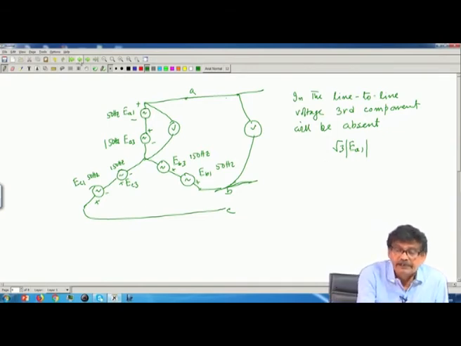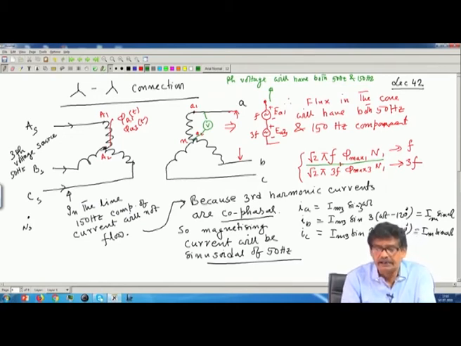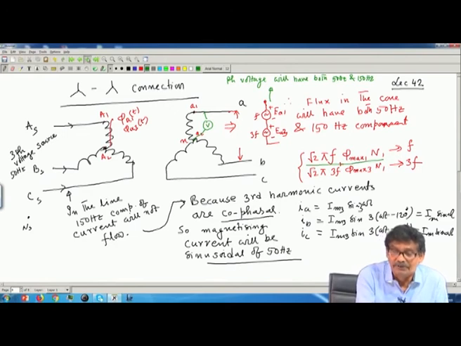Therefore, in a star connection like this with no neutral connected anywhere, isolated, the supply neutral I have never connected. But I can tell you one thing about this.